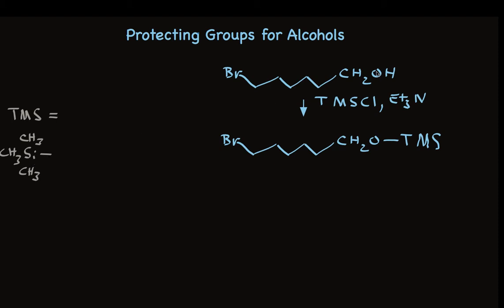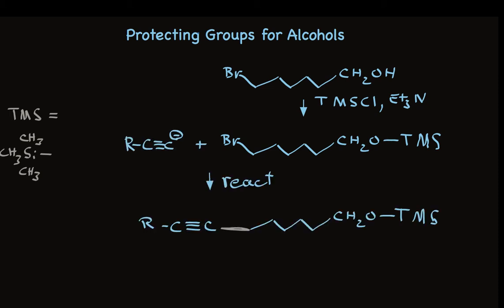These TMS ethers can be prepared in very high yield and have no acidic hydrogen. Then we do our chemistry, reaction with the acetylide anion to make the new carbon-carbon bond with the TMS ether attached. And following that, we'll remove that TMS ether with a special reagent that cleaves the silicon-oxygen bond.